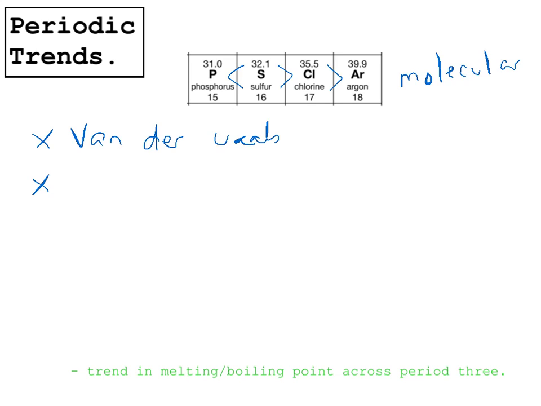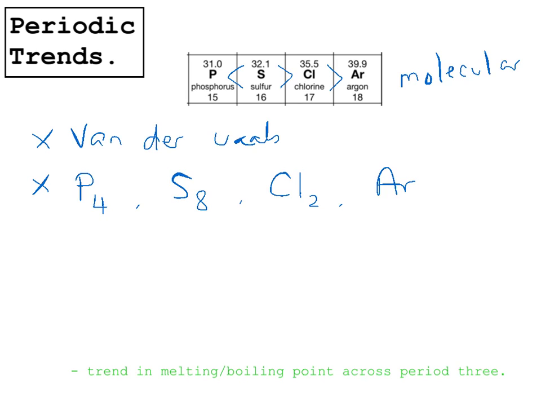So we've got to look at what molecules these elements form. So phosphorus forms P4 molecules, i.e. 4 phosphorus atoms in a molecule. Sulfur forms S8. Chlorine forms Cl2, and argon just is by itself, they don't form any molecules.